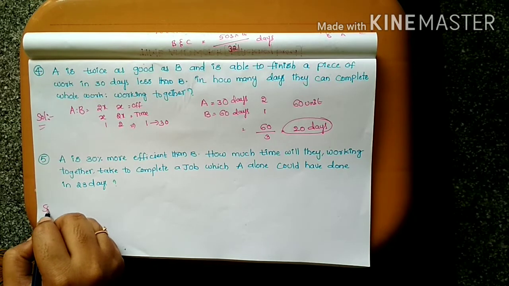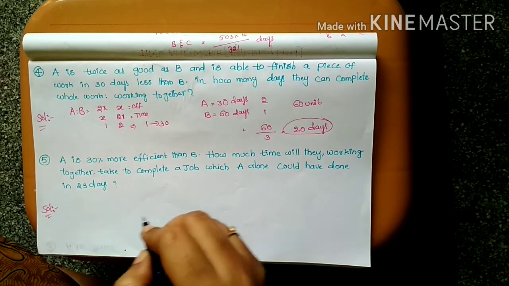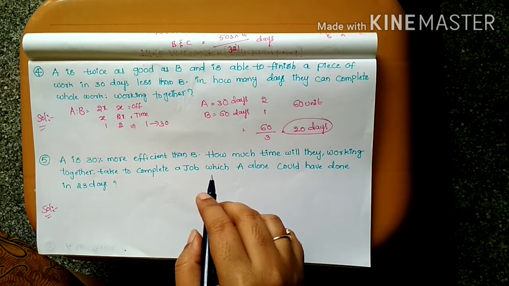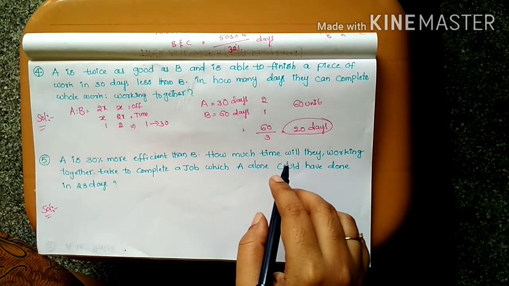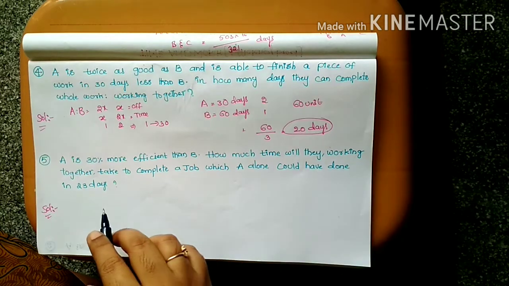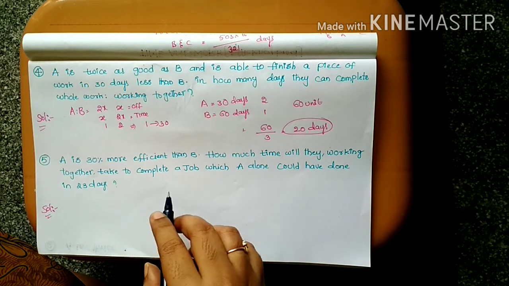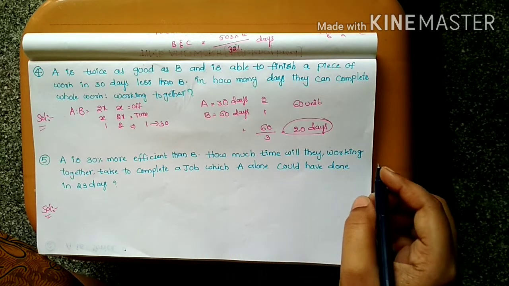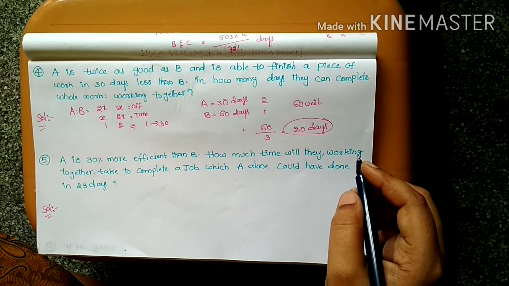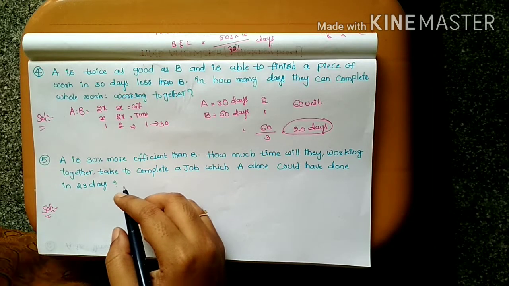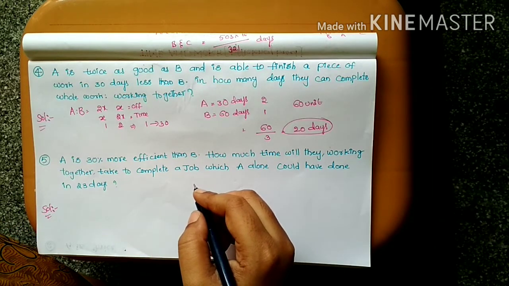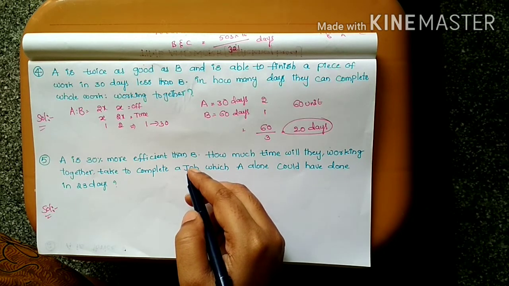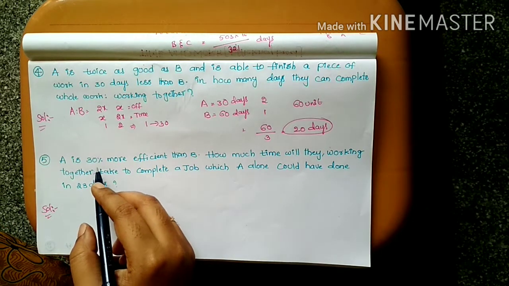Fifth one. A is 30% more efficient than B. How much time will they take working together to complete a job which A alone could have done in 23 days? Here A is 30% more efficient than B. B is 100 in efficiency, A is 130.